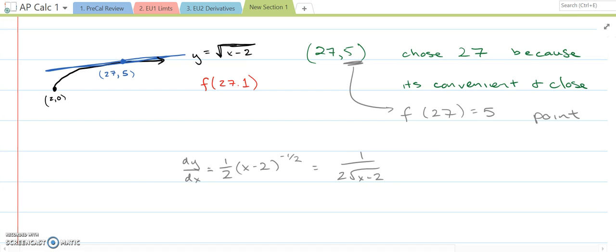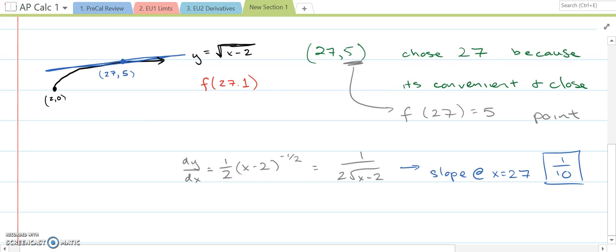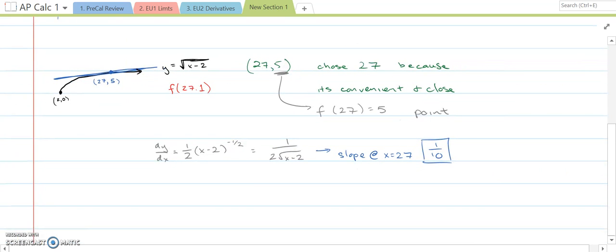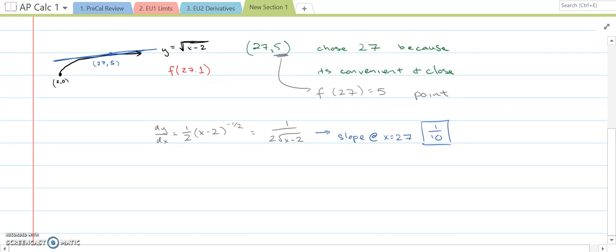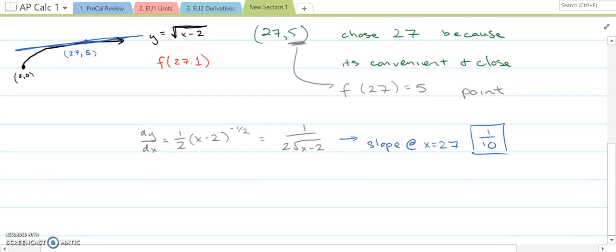From here, plug in your value. The slope at x equals 27, you really have to go and plug that 27 in, is 1/10. Okay, so what this has all led me to is having a linear approximation that is resembling that blue line.